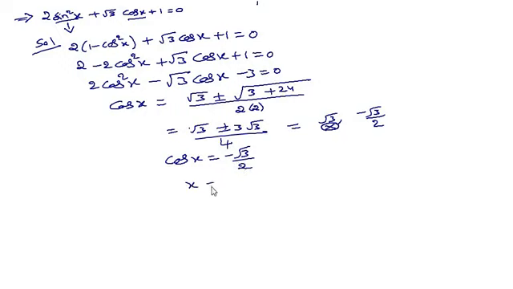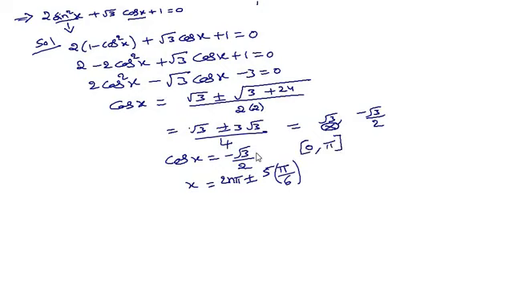Then what will be x? General solution of cos x equals to cos alpha is 2n pi plus or minus alpha. Alpha is nothing but 150 degrees, so we can write 5 times 30. 150 means 5 times 30 degrees. Alpha we have to choose from 0 to 180, that you need to observe.